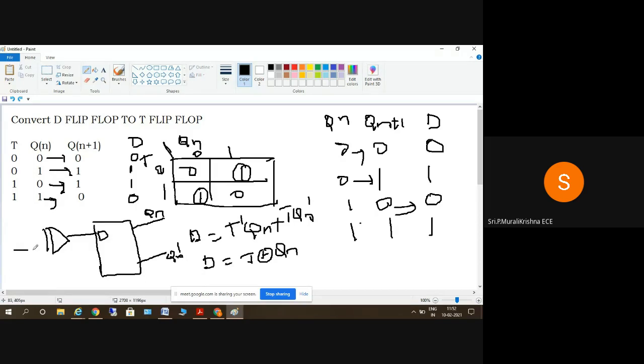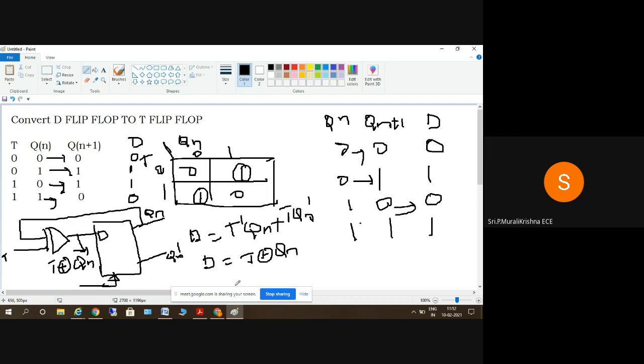Okay, so one of the inputs is T, and the other input will be Q of n. This is T, and the input is T exclusive OR of Q of n. This will be the diagram, and I will be having a clock here.